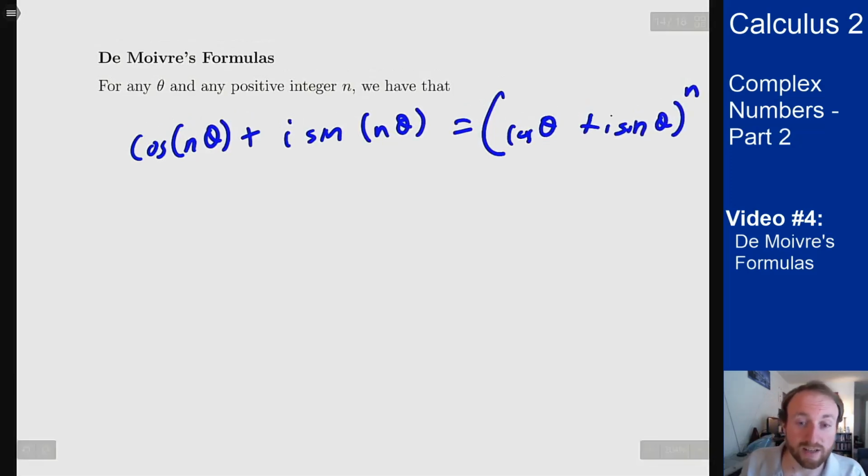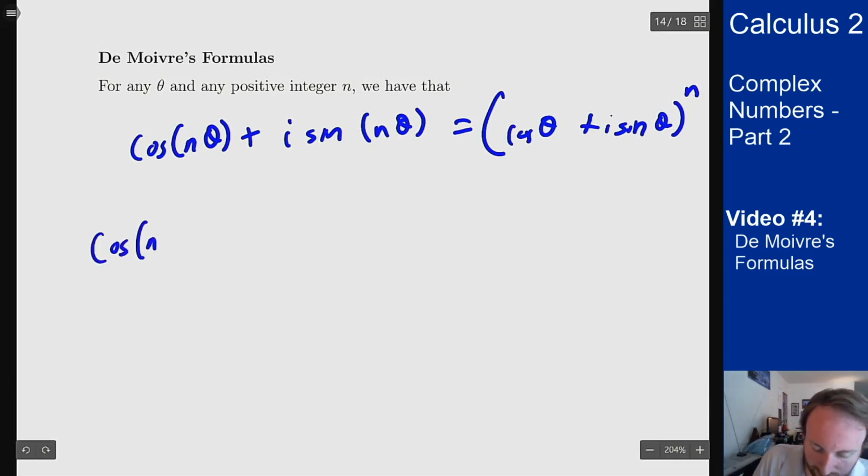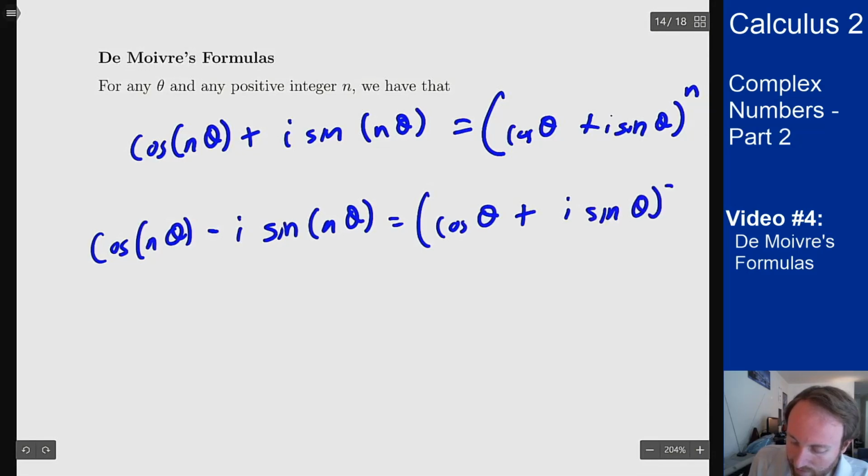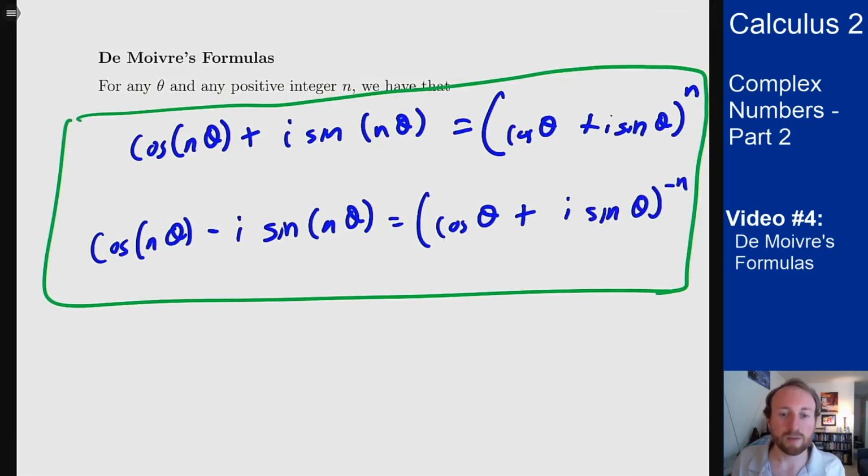Or in addition, taking negative n's instead, we have that cosine of n theta minus i sine of n theta, because sine's odd and cosine's even, the negative sign comes out of the sine, equals cosine theta plus i sine of theta to the minus n. And so the important thing this does here is give us a way to compute sines and cosines of higher angles or smaller angles, being able to go back and forth between these two formulas to see how these things all work together.